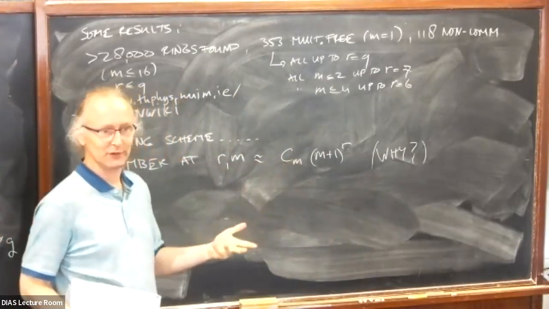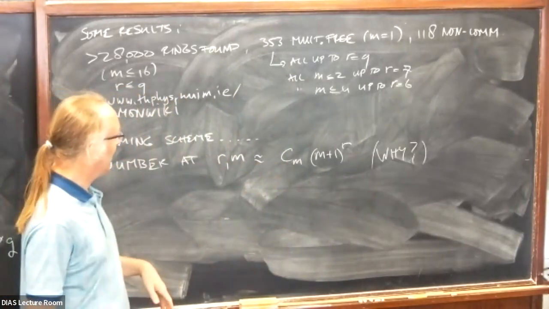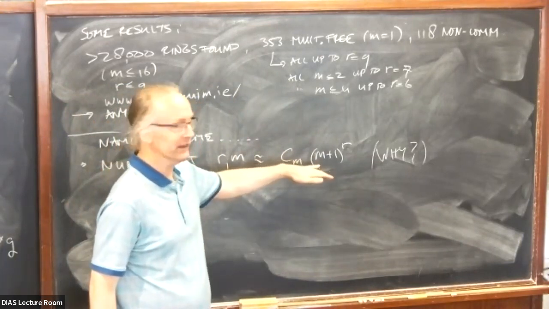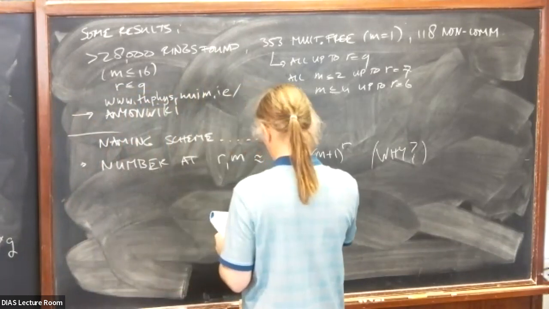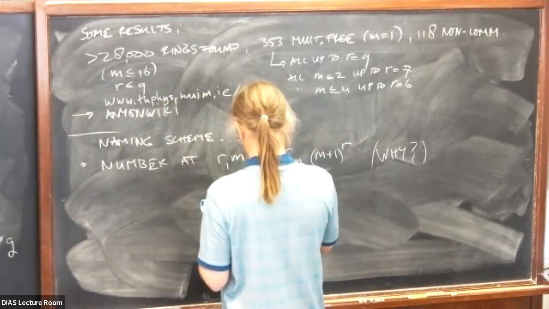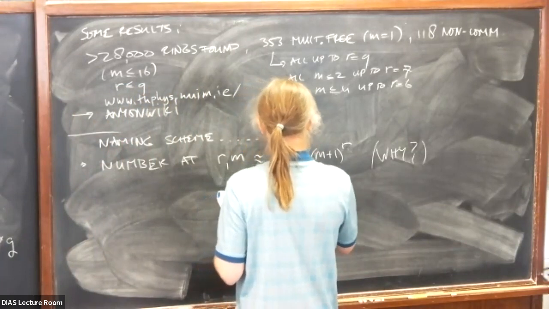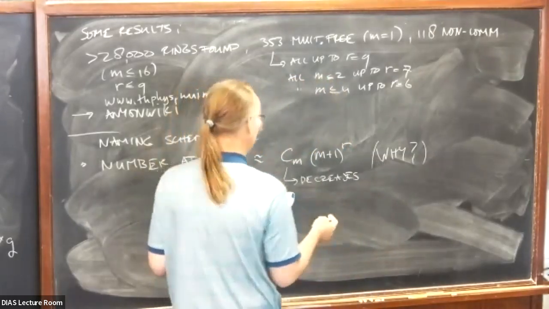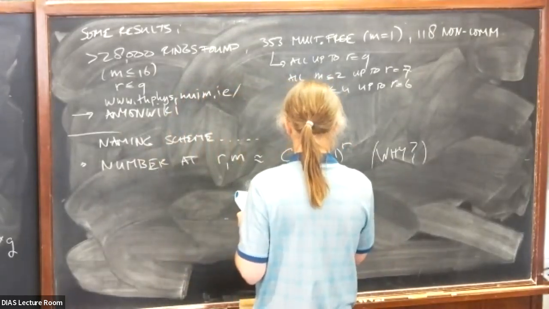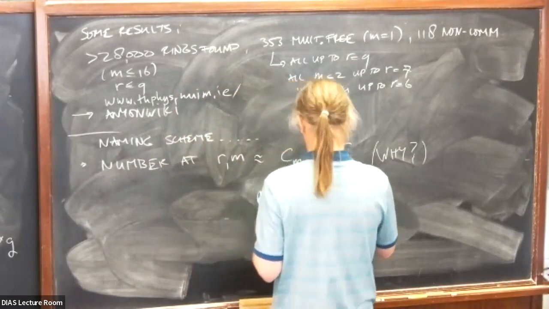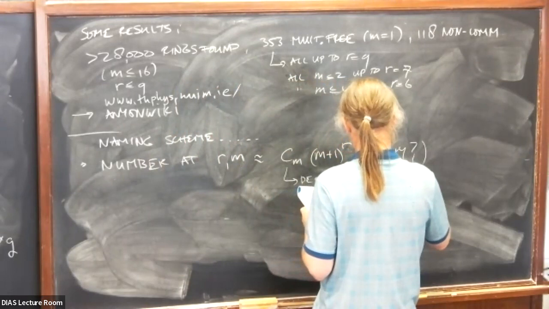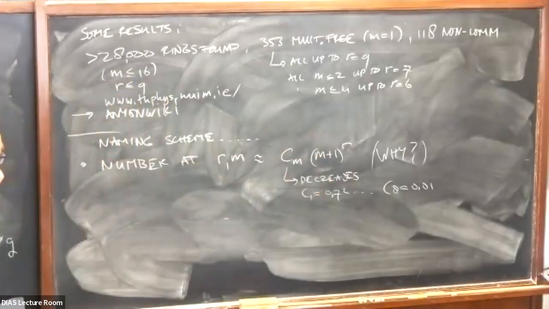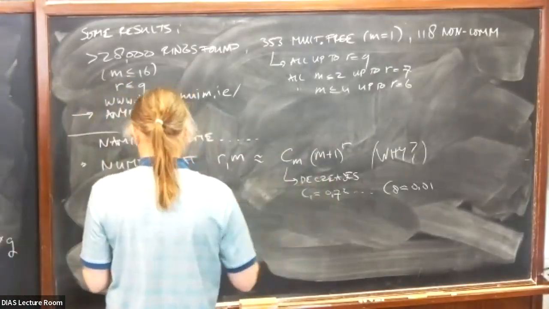Obviously, there are fluctuations because these are integer numbers of things, but it's surprisingly good for all of our data. And the constant decreases with M. If I was going to be very calculated, I'd say it decreases roughly like 1 over M squared. That's 1, 0.72, C8 about 0.01. But by that time, this is a large number, so it still grows. Okay, so that's a kind of mystery.